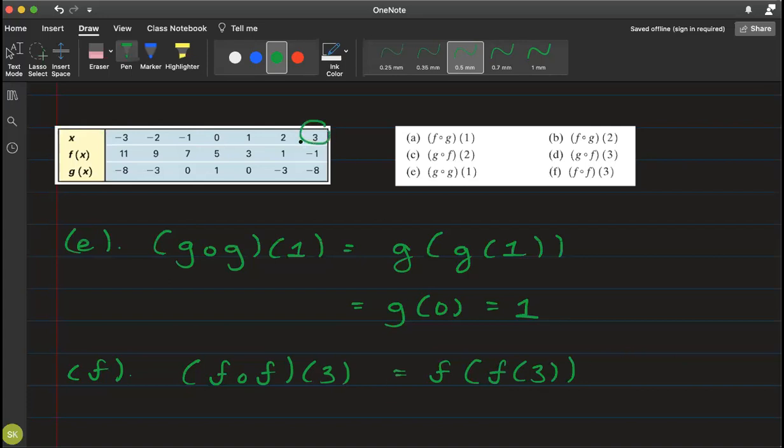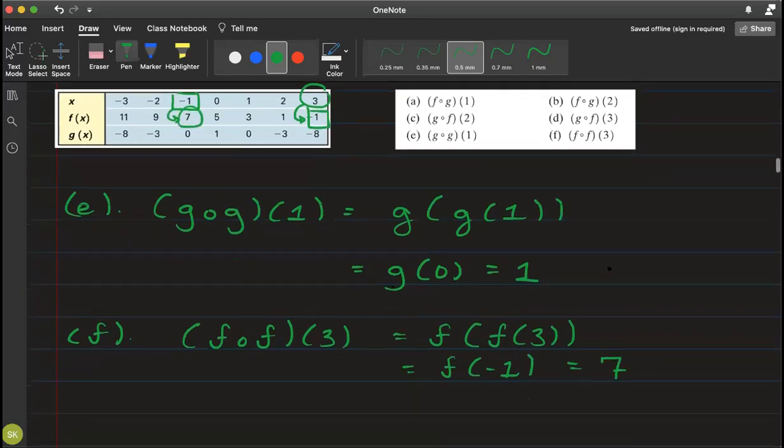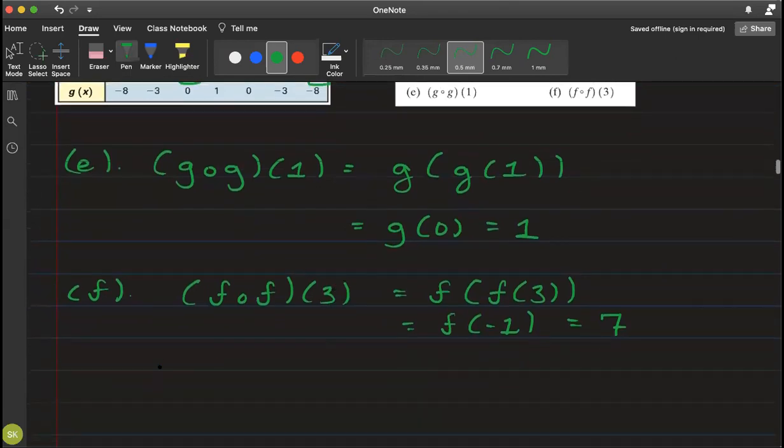When we plug it into F, we get -1. So this is F of -1. And then we take that -1 and we plug it into F. And you see we get 7. So here, we didn't get the same thing. We didn't get 3 again. So F composed of F of 3 gave us 7.